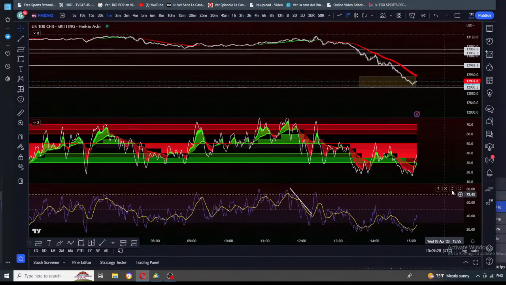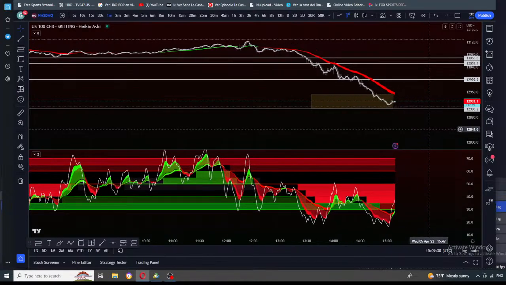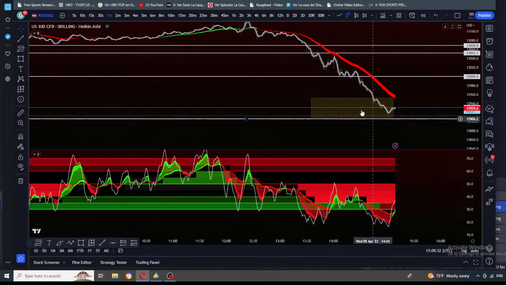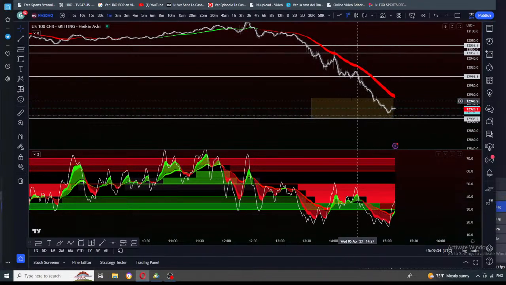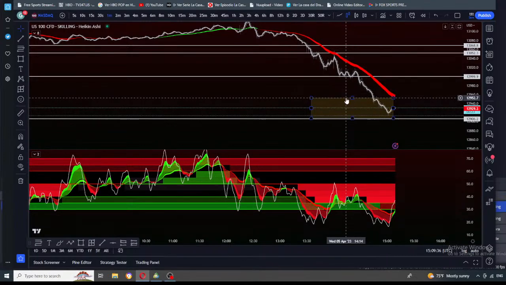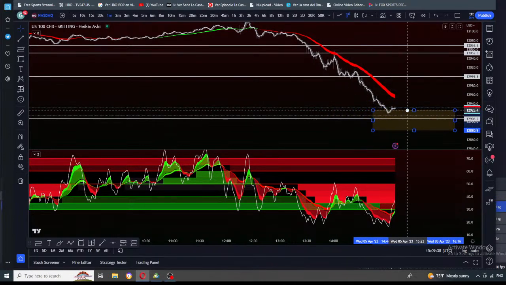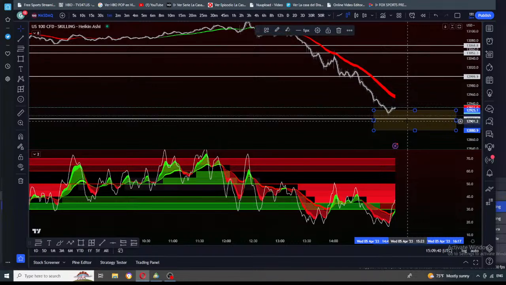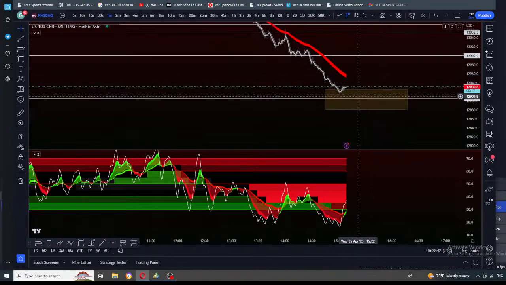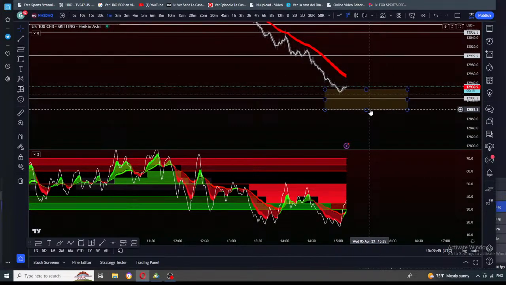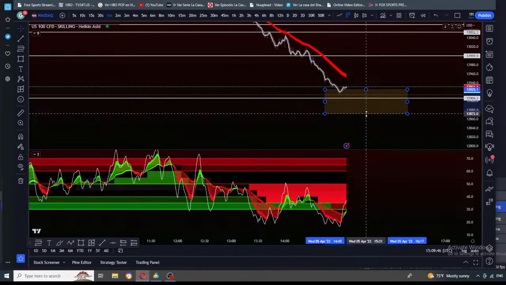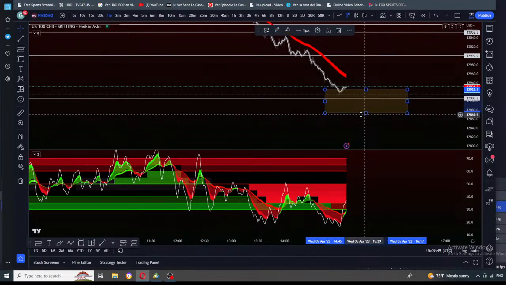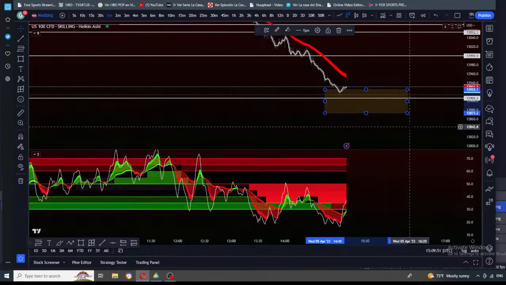You know, my idea is to catch a big move somewhere around. From what I see from this momentum, I think we're probably going to smash this. And I'm thinking we're going to stay somewhere down here, maybe somewhere around here would be the bottom.